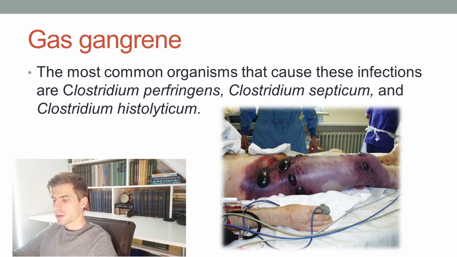Whenever we are talking about gas gangrene, Clostridium perfringens or Clostridium septicum or Clostridium histolyticum are able to produce toxins and gas. So this gas will be produced in the entire tissue, which will cause trouble in supply of the tissue with oxygen.